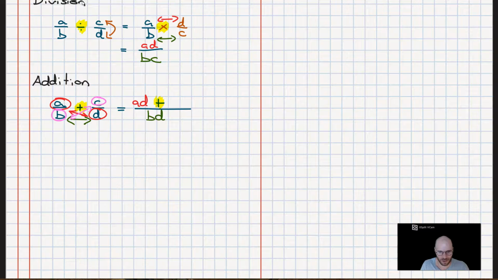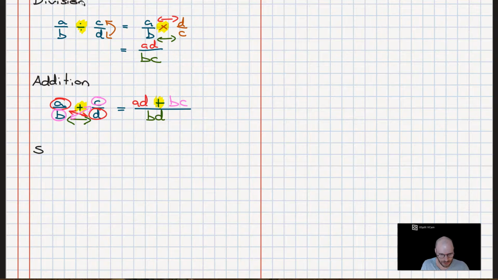I'm going to multiply them together, and that will give me BC. So what we find is the addition of A over B plus C over D is AD plus BC all over BD. So a few more steps involved there, but not too bad.